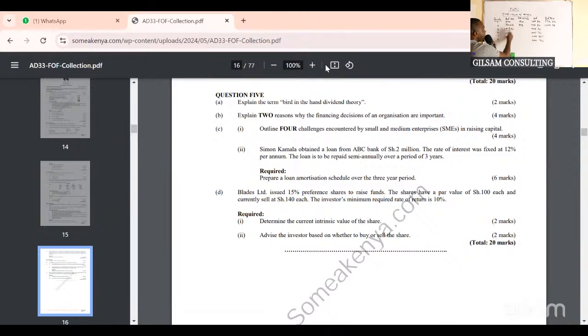So repeat the same on this side, 1409.55. Get the interest of that times 0.06, getting 84.5. So we round this off, get 85.